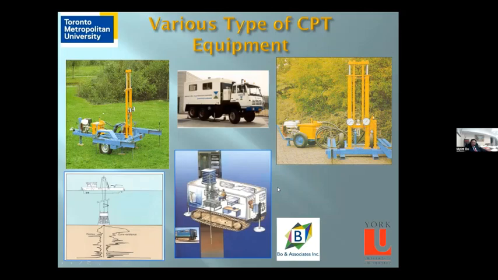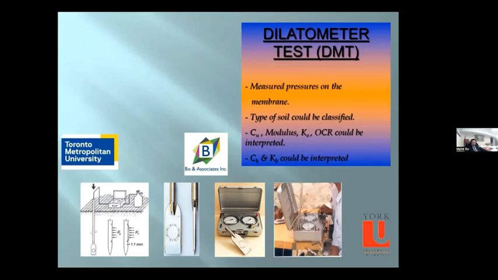From there, they can classify the type of the soil, and then correlate to the strengths, overconsolidation ratio, etc. Likewise, Professor Marchetti also developed the dilatometer, which is also inserted into the ground like CPT equipment.